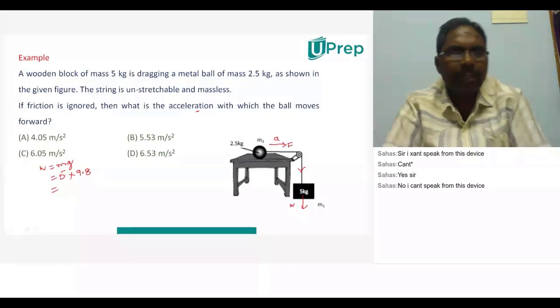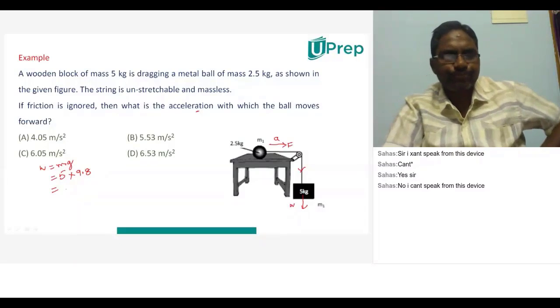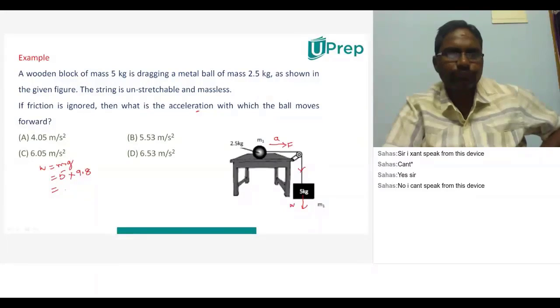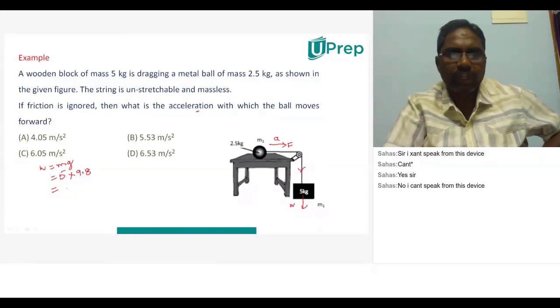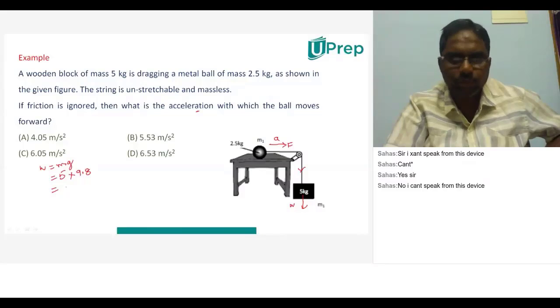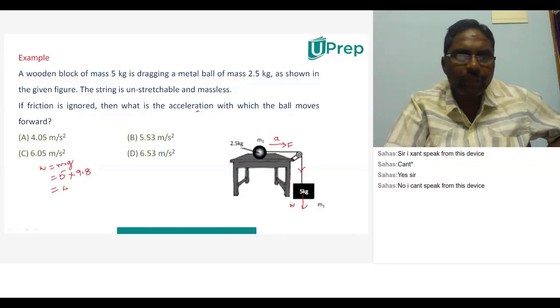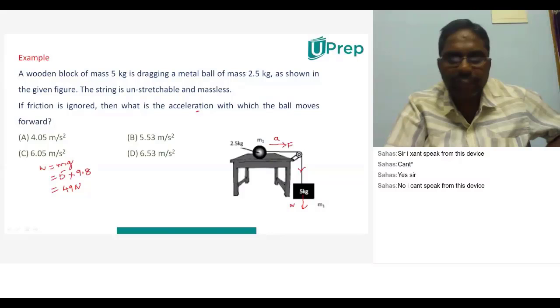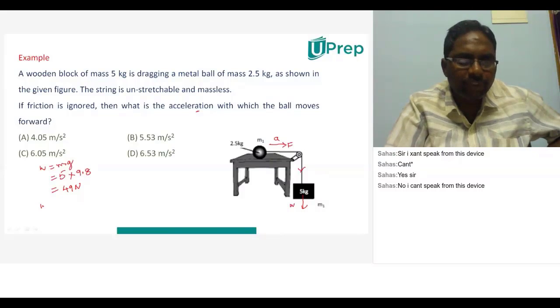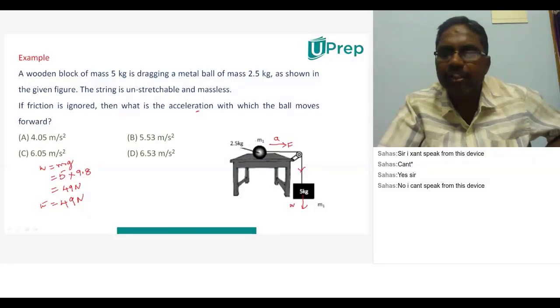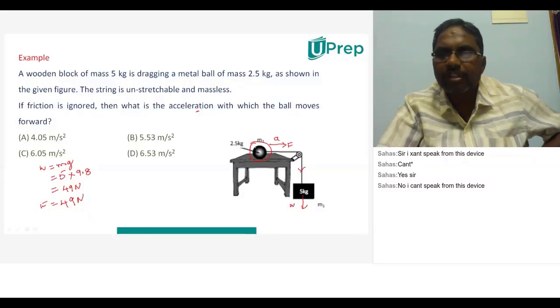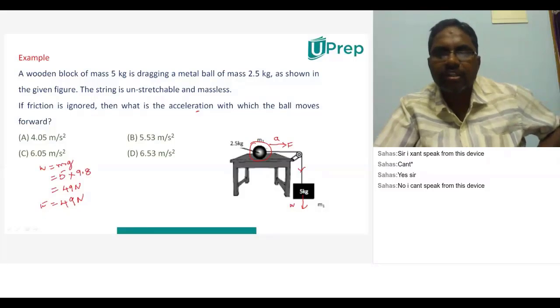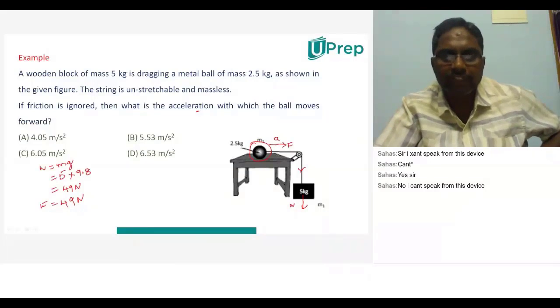So 5 into 9.8 is 49. So the weight of the 5 kg object will be 49 Newton. That means 49 Newton of force will act on this particular mass; this is m2 actually, and this is mass m1.